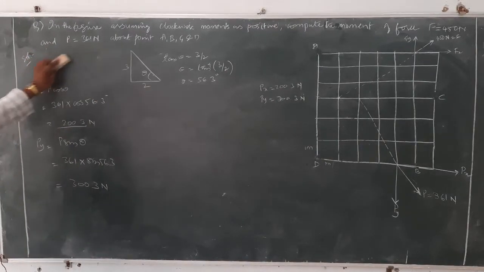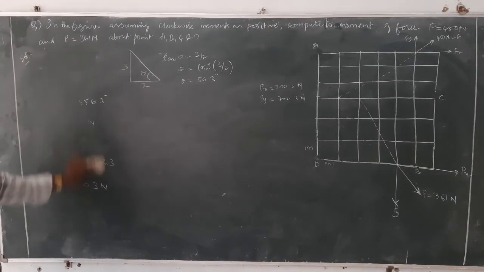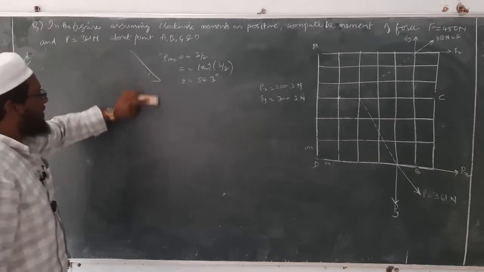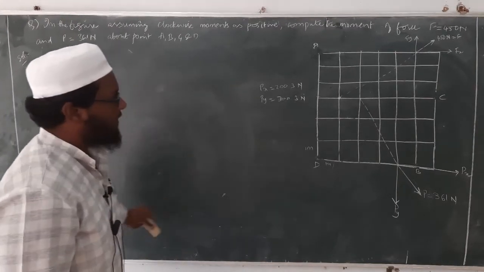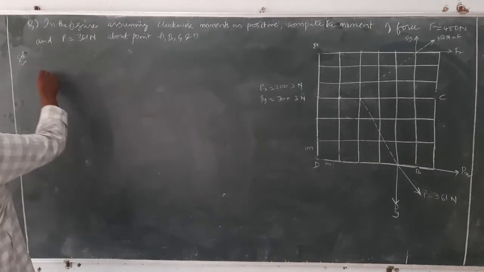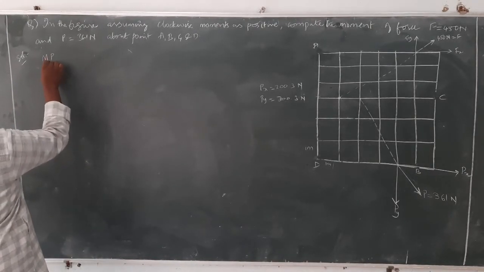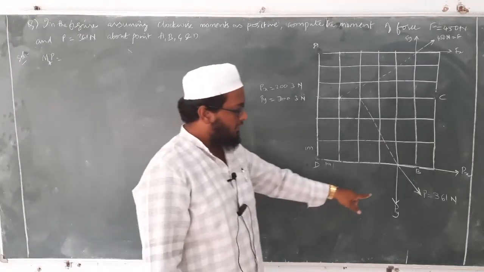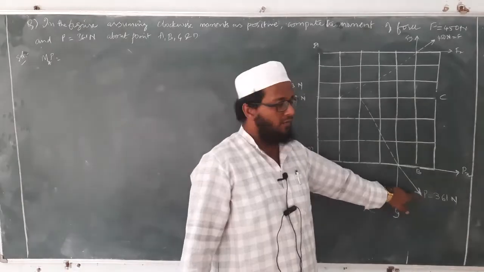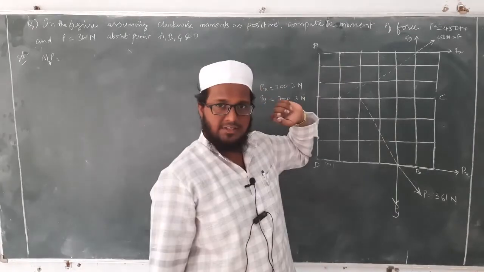So after the calculation of components of forces, we will go for the calculation of moment again. Now I will calculate the moment of P about point A. What is happening at point A due to this force? That is what we have to calculate.